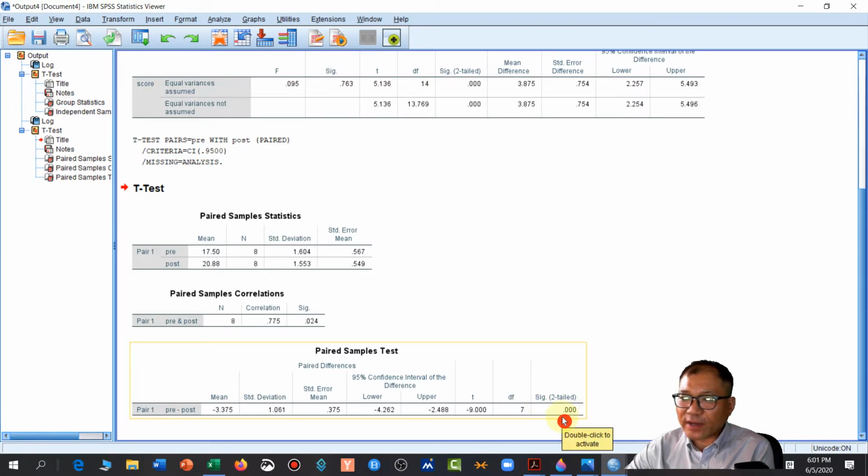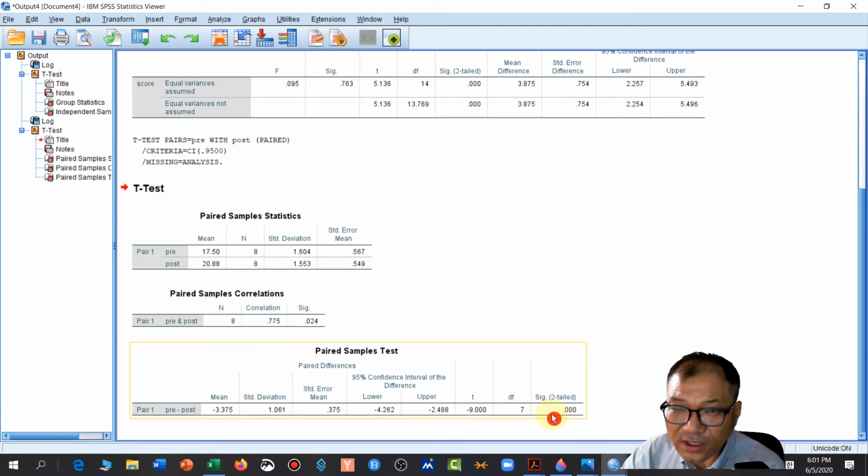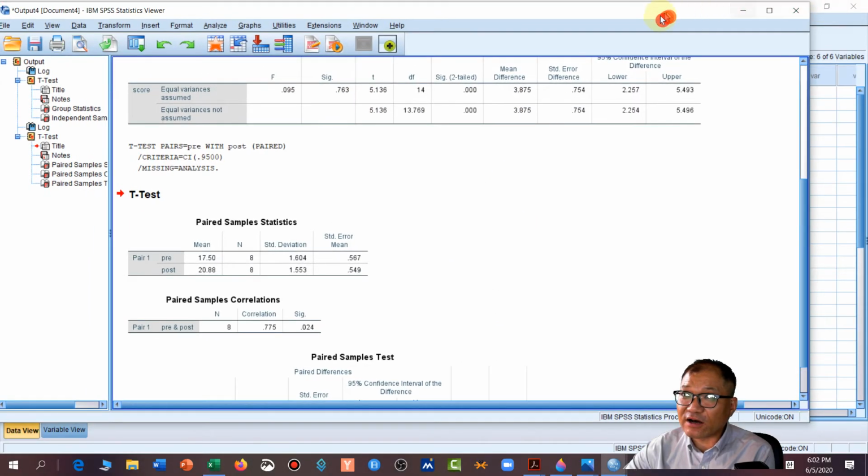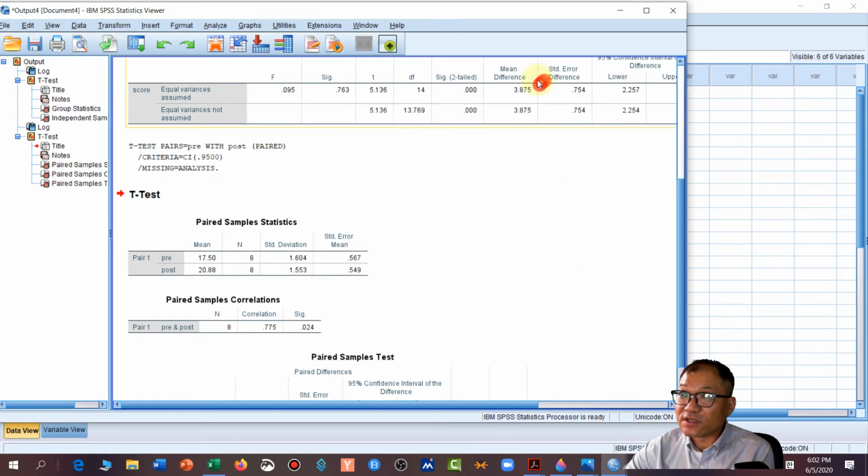All you have to read is right there. Degrees of freedom, we had 8 paired scores. 8 minus 1 equals 7 right there. The next, is there any statistical difference between pre and post? Do you really think so? Are you really confident to say there is a mean difference between pre and post? Then you need to read significance, right?